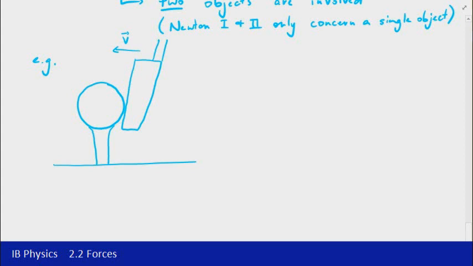In this scenario, the action force will be the force of the club onto the ball. I'll call that one Fa, for action force. So in this case, the action force is the force of the club onto the ball.